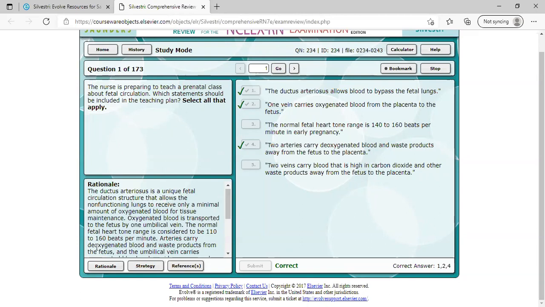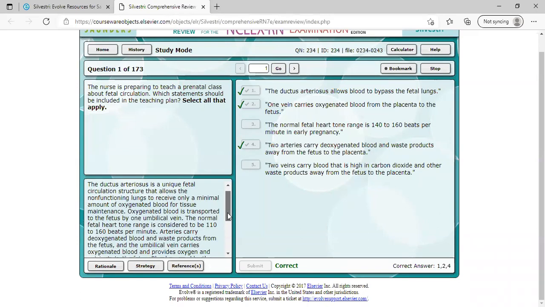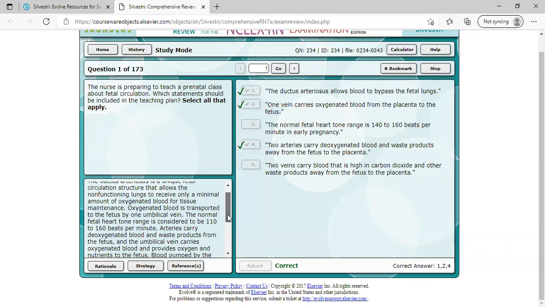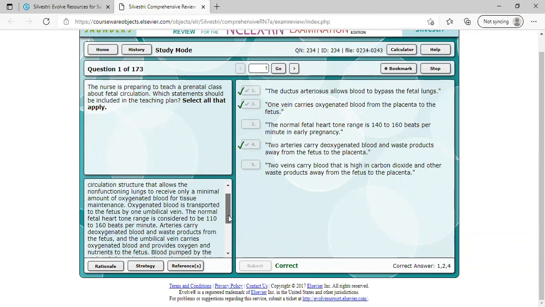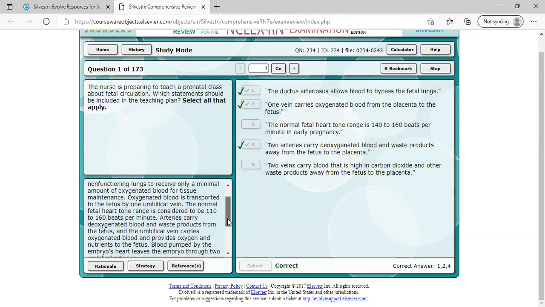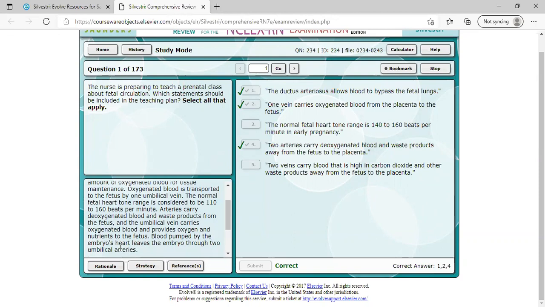Arteries carry deoxygenated blood and waste product from the fetus, and the umbilical vein carries oxygenated blood and provides oxygen and nutrients to the fetus. Blood pumped by the embryo's heart leaves the embryo through the two umbilical arteries. It is very informative about fetal circulation.